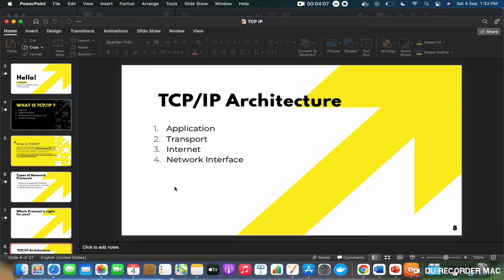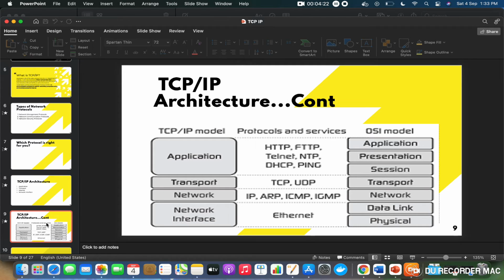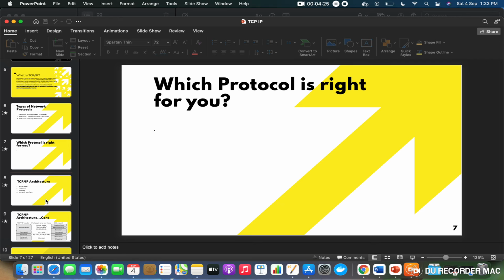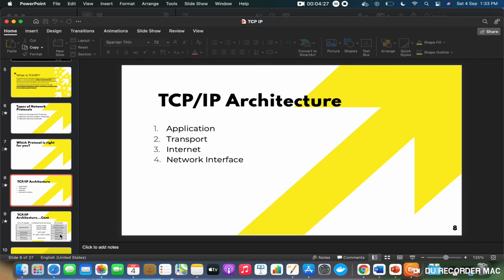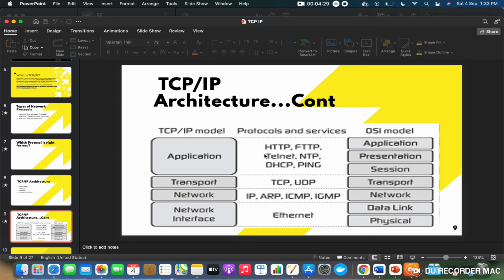The last question is, what is the TCP/IP architecture? As I said in the beginning, TCP/IP architecture contains four layers. One is the application layer, the second is the transport layer, the third is the internet layer, and the fourth one is the network interface. Let's understand these different layers. The application layer allows access to network resources.